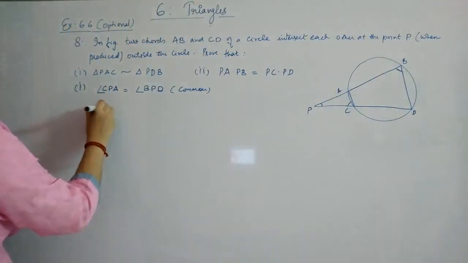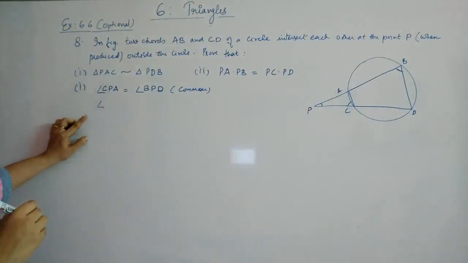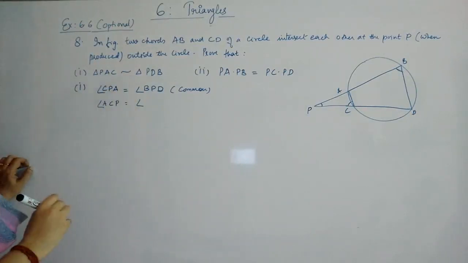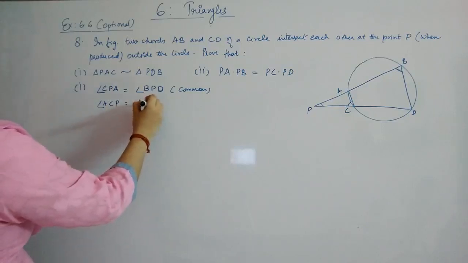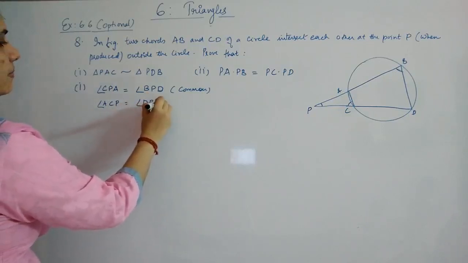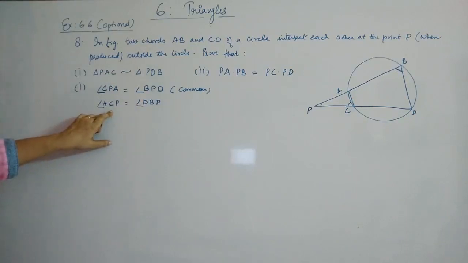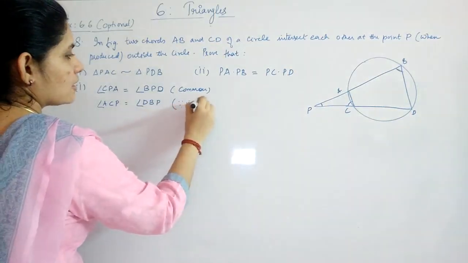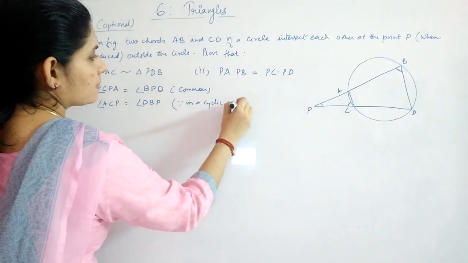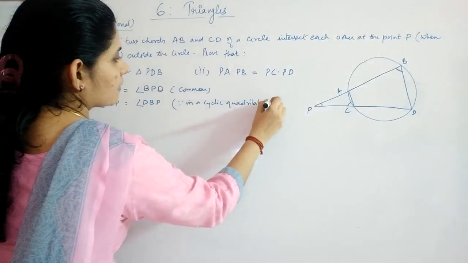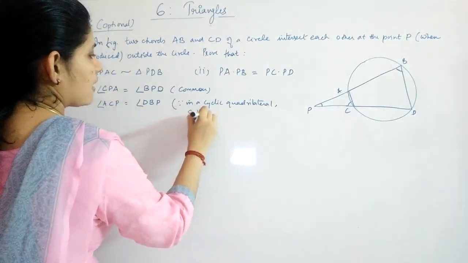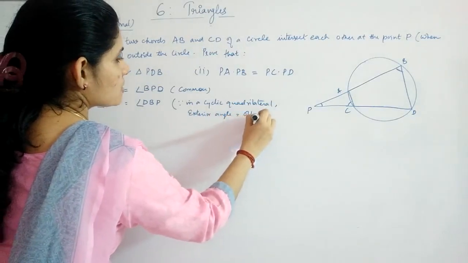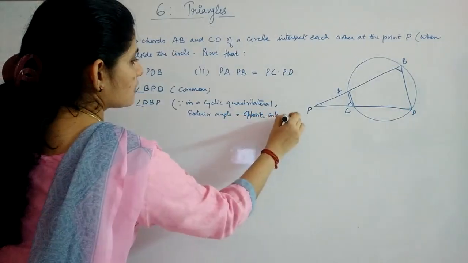The second thing which you are getting is angle ACP is equal to angle DBP, and the reason is, since in a cyclic quadrilateral, exterior angle is equal to opposite interior angle.